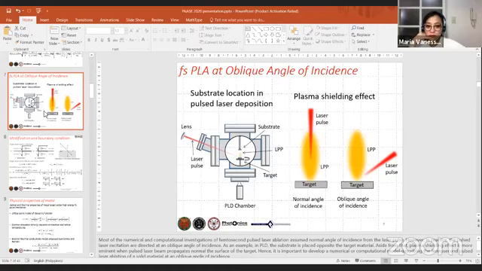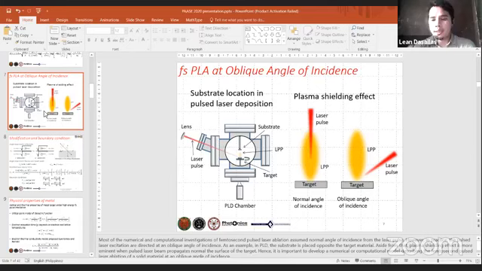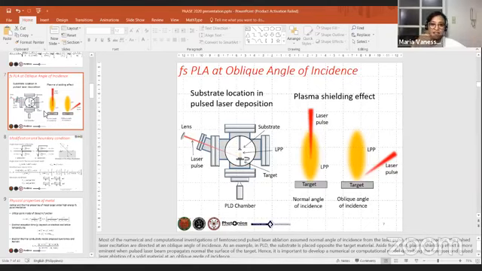But when it comes to ablation, there are definite changes in the surface morphology and topography of the target. The question on its effect on the film is still an open question. But thank you for the research idea.